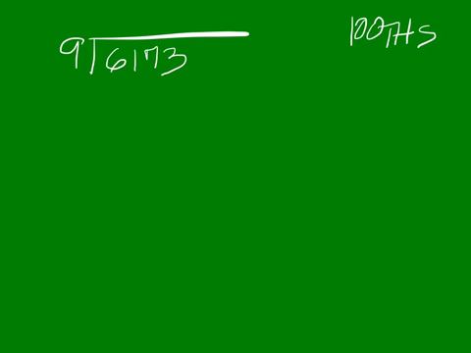So we have 9 going into 6173. Start here. Will 9 divide into 6? No, it will not. So will 9 divide into 61? How many times? 6 times. 9 will go into 61 6 times for 54.